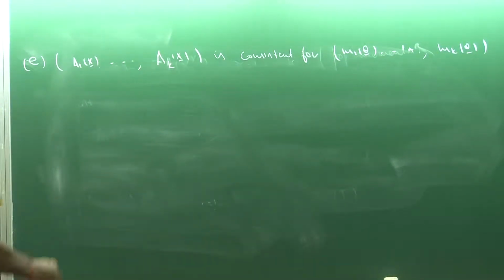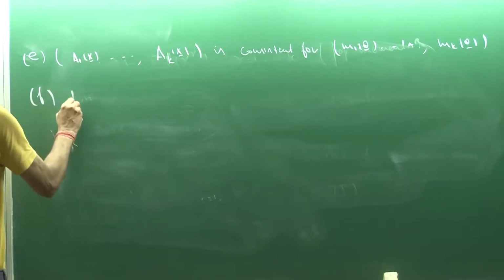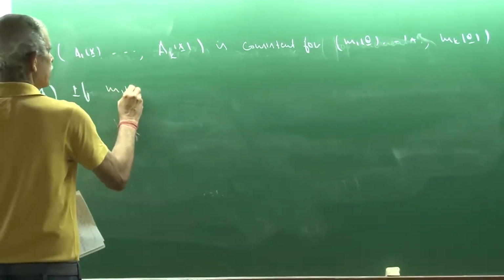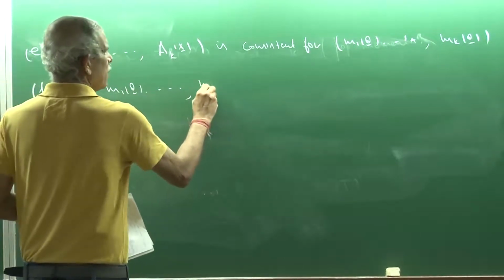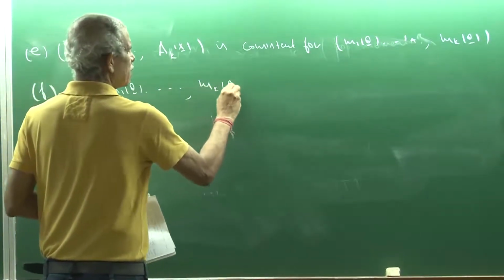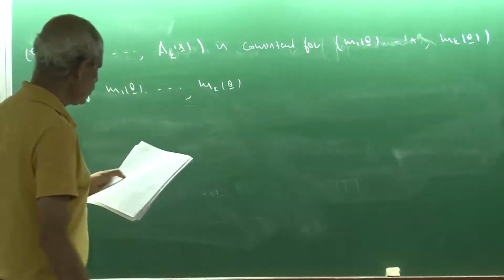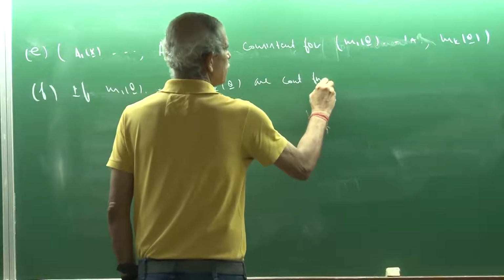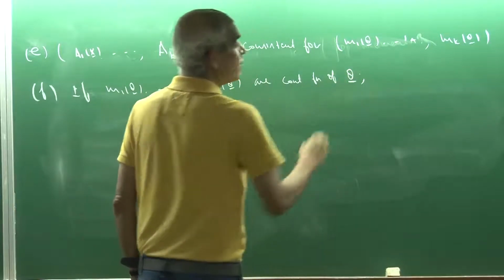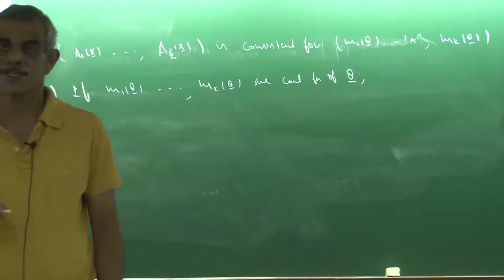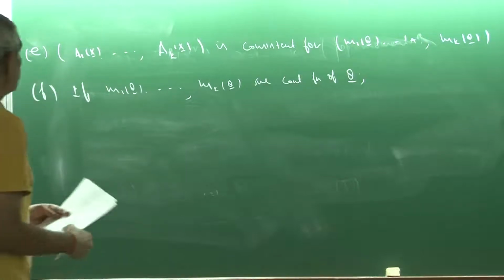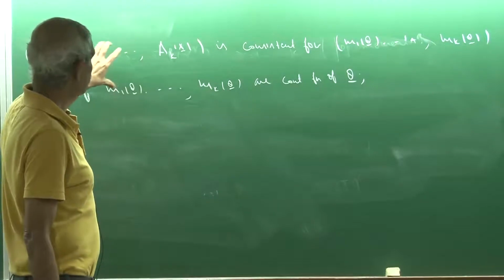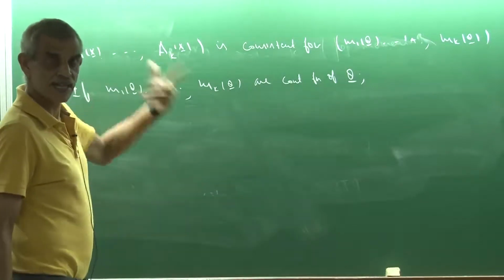So if M1(theta), ..., Mk(theta) are continuous functions of theta, which will ensure that their inverse transformations are continuous functions, then when you invert this and get theta in terms of A1, A2, ..., Ak, that would be a continuous function.